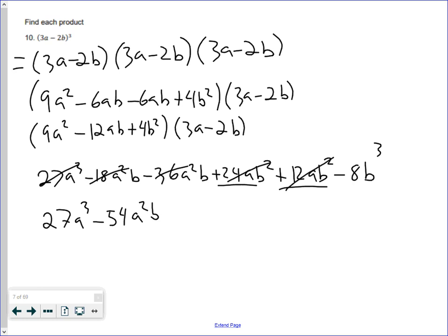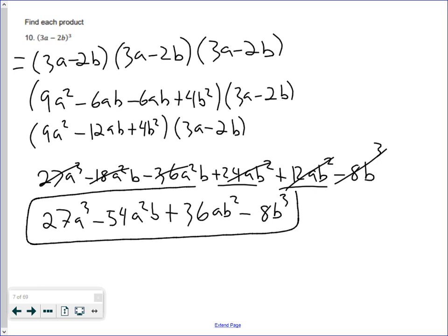They have the same variables at the end, so we can combine them to get 36ab squared. And finally, that negative 8b cubed, there's nothing else like it, so we just bring it down. That's going to be our final answer: 27a cubed minus 54a squared b plus 36ab squared minus 8b cubed.